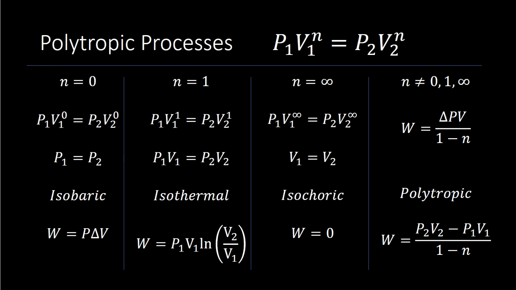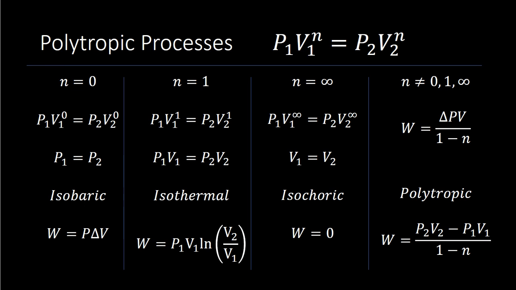And that's true for isothermal processes. And our work equation for that scenario will be the product of pressure and volume, either at the start or at the end of our process, multiplied by the natural log of volume 2 over volume 1.